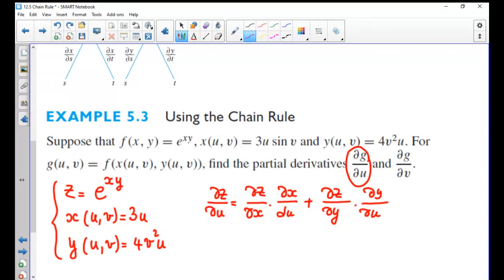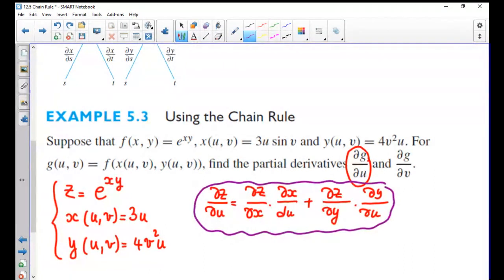So that is the derivative of z with respect to u. Now, it's just a matter of calculating each one of these. Yes, sine v. Okay.